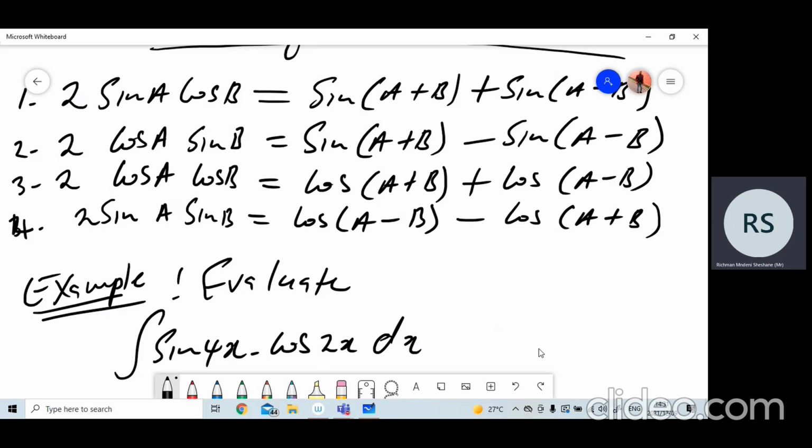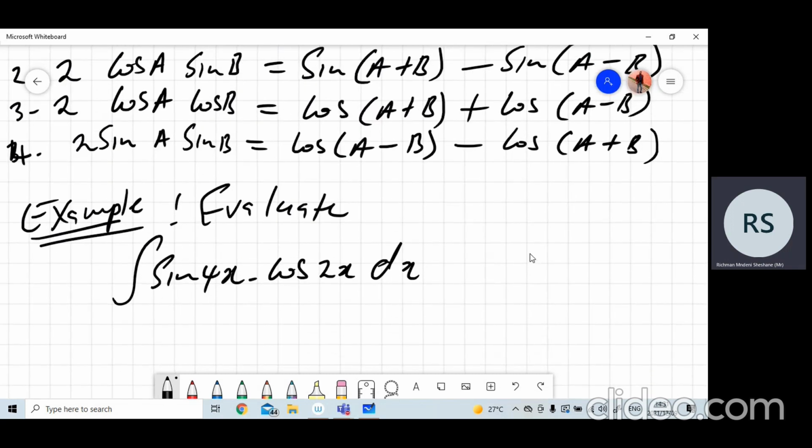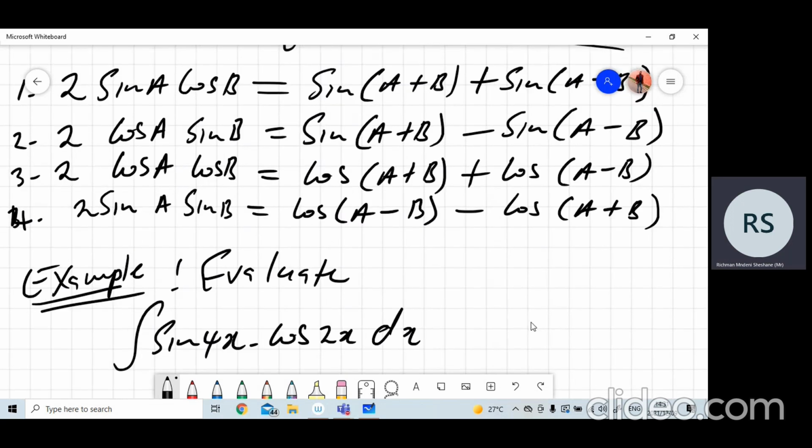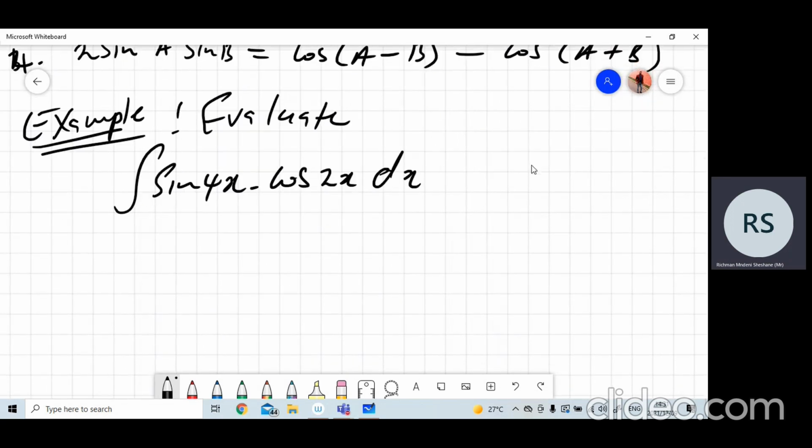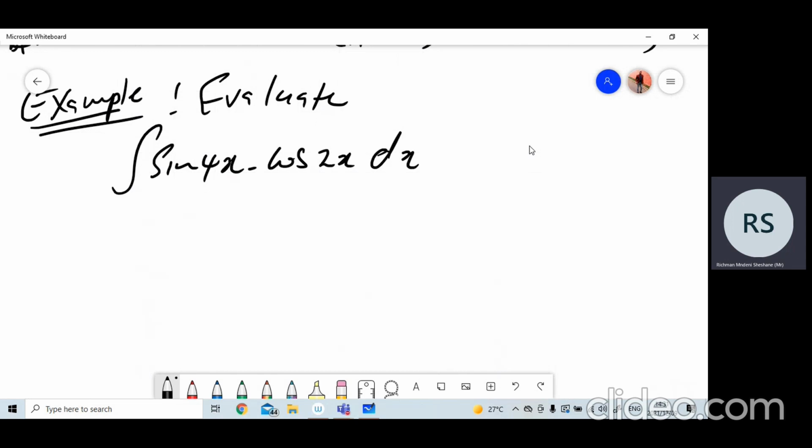Okay, so let's do the solution here. Let me rewrite the formula above, formula 1. Always, we want to evaluate this product. You know you're going to use one of these formulas, and then you check which formula to use.